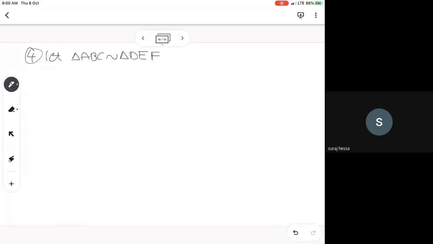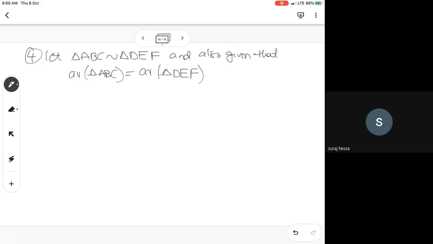It is also given that the areas are equal: area of triangle ABC is equal to area of triangle DEF.